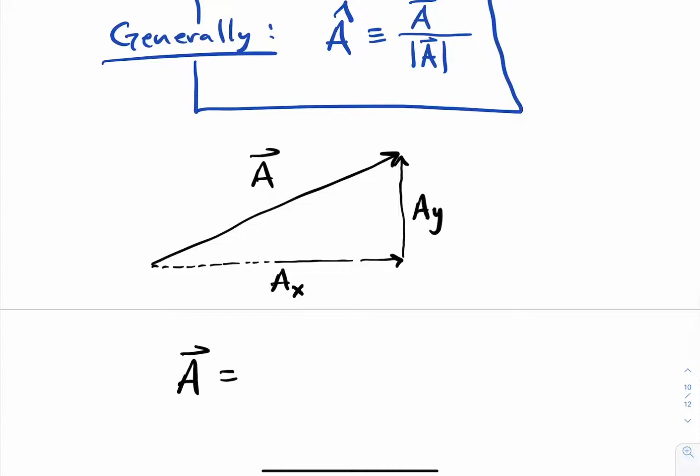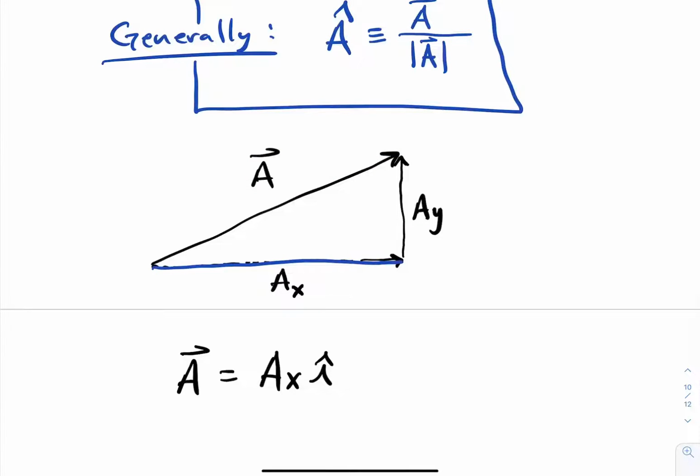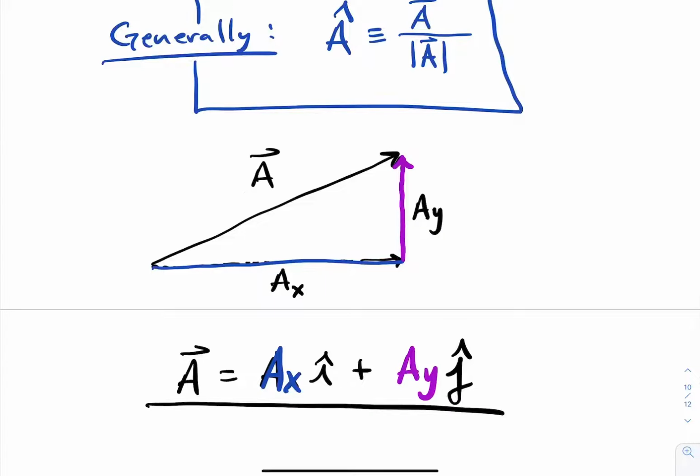And so we can always represent A as a vector using the unit vectors. We know that A points AX in the X direction, this amount in the X direction, and we know that it points this amount in the Y direction, AY in the Y direction, and we add them together to get the expression for our vector.